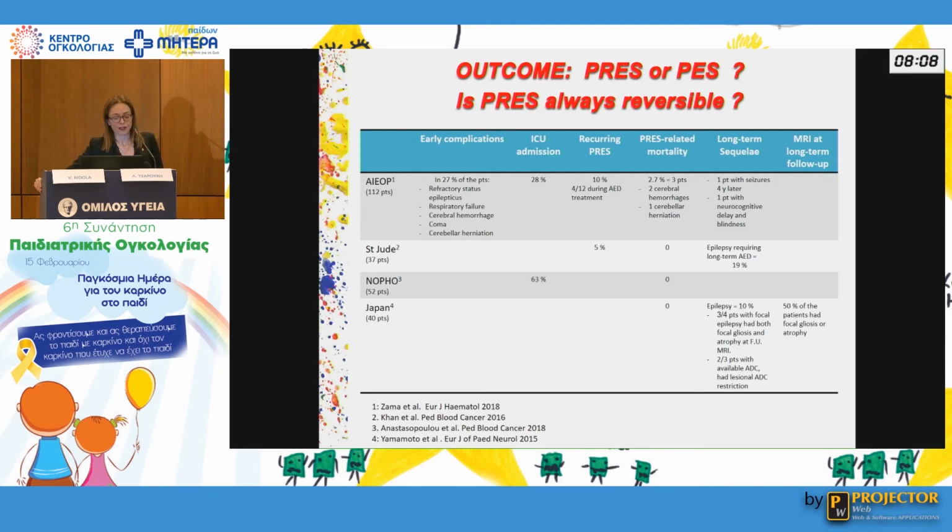Between 28 and 63% of the patients require ICU admission. We can have recurring PRES in 5 up to 10% of the children.